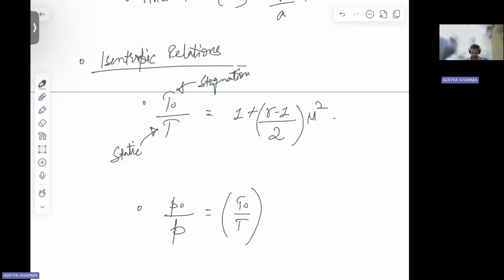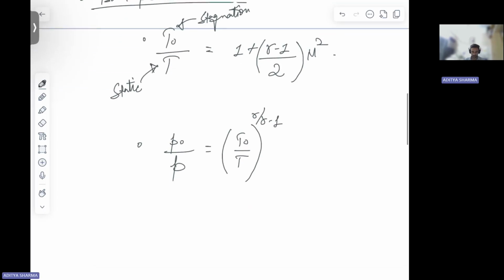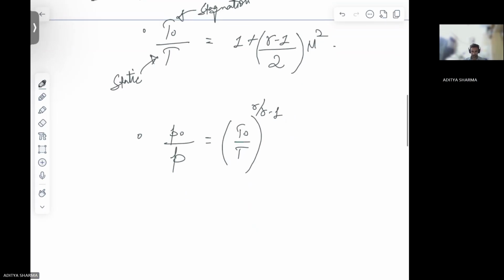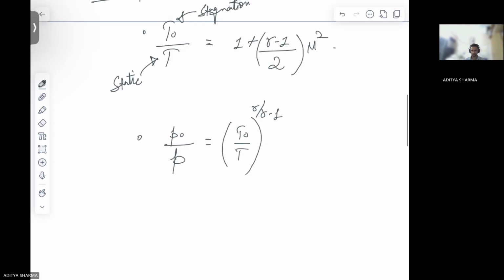So all these are stagnation isentropic relations. Right?